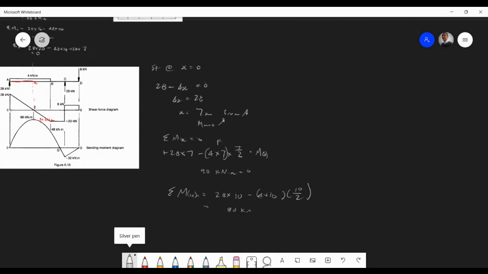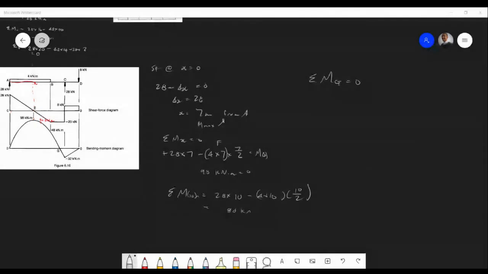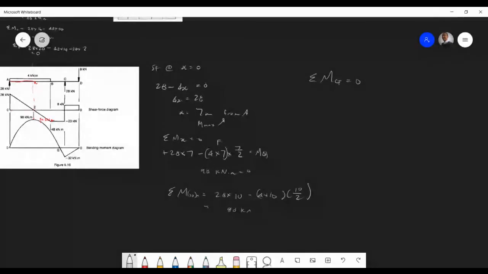It's just too much to absorb today. Moments at G equals 0, right? So then we say 8 times, what's that distance there? 4 plus x.